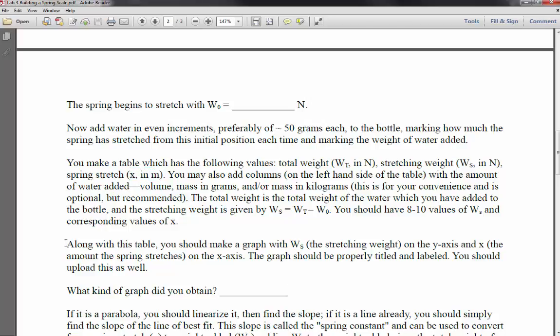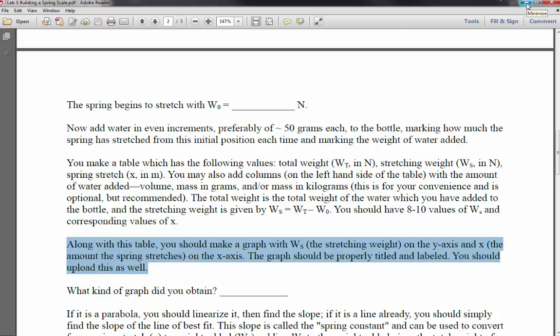So then it says, along with this table, you should make a graph with WS, the stretching weight on the y-axis, and X, the amount the spring stretches, on the x-axis. So this is telling me that we need to put weight and stretch on the two axes of the graph.